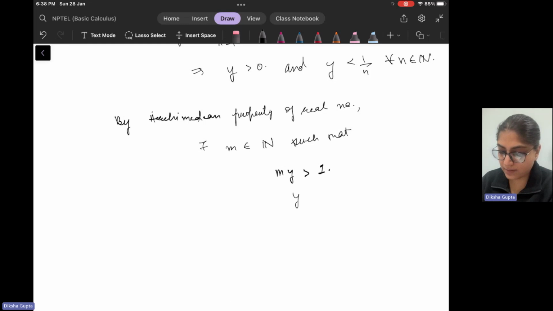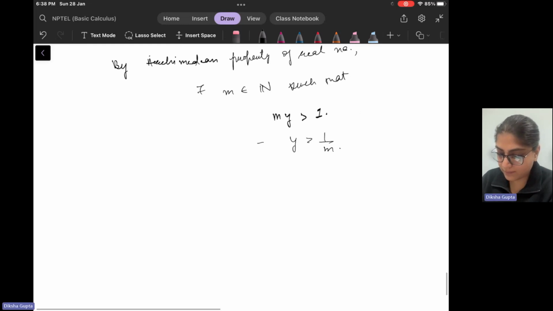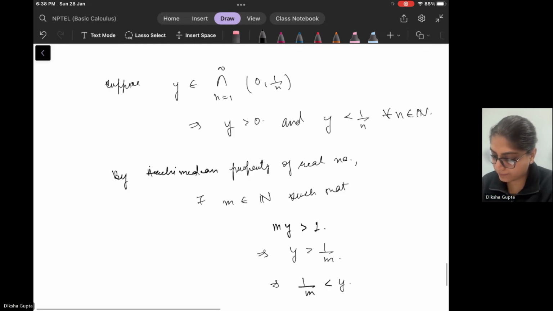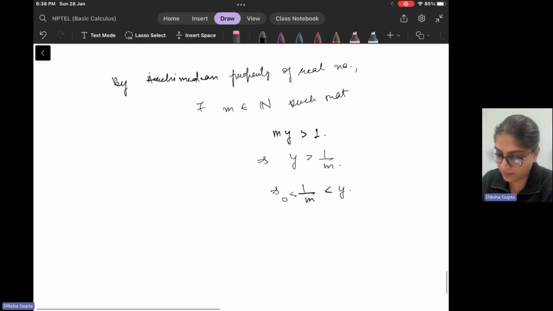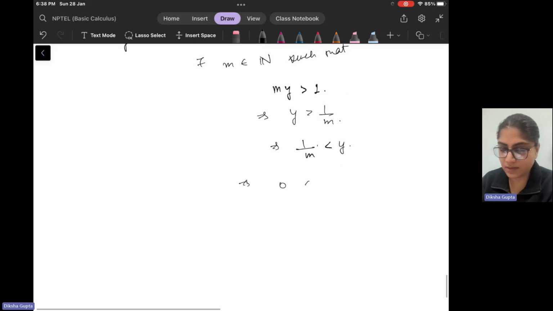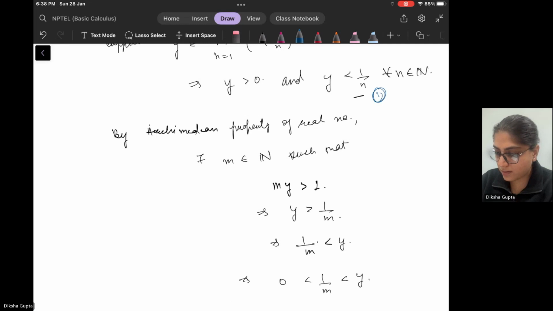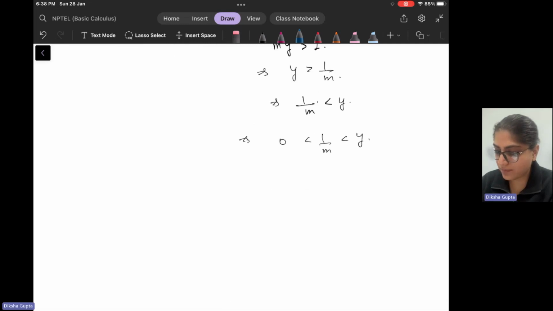Or y is greater than 1 by m, because 1 is also a natural number, or in fact a real number. So 1 by m is less than y, and this is positive. This implies 0 is less than 1 by m, which is less than y. Now you see what was our assumption, that y is less than 1 by n for all natural numbers, but we have found a natural number m such that y is greater than 1 by m. This contradicts our assumption.